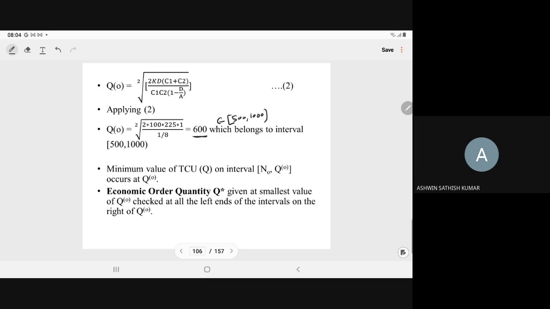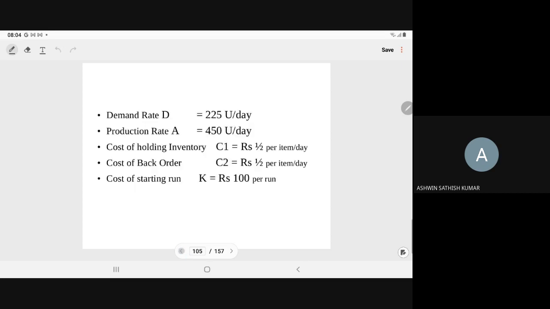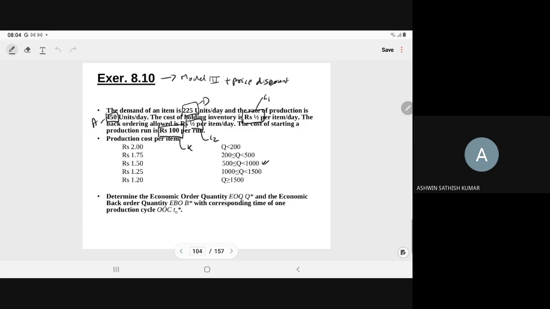So we can say what Q star is. Q star is any value among Q naught and the left limit of the right intervals. So it is 1000 and 1500.